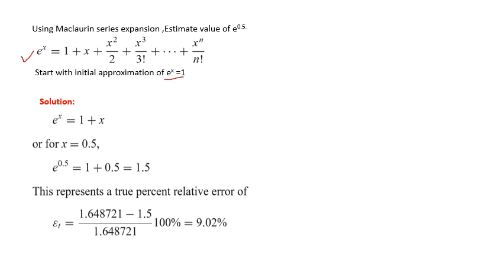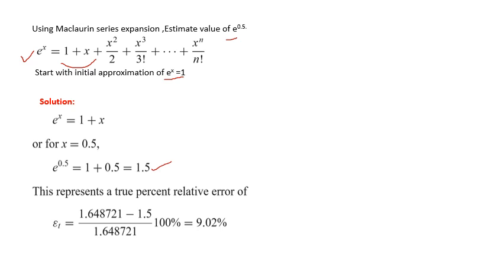So this is the approximation. Then we need to find out what is e raised to 0.5 using this series. Let us say that if we consider only the first two terms of this series, then for x equal to 0.5, e raised to 0.5 value is 1.5.